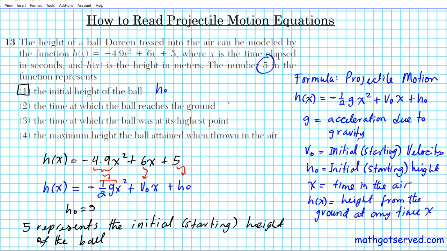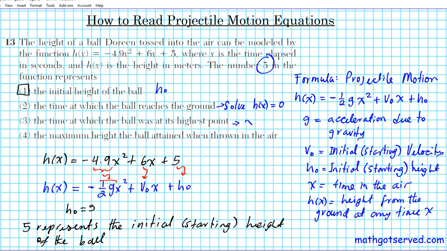So in that case, for number 2, you want to solve when h of x is equal to 0. You want to solve that equation, or you want to find the zeros using a graphing calculator of this equation right here.